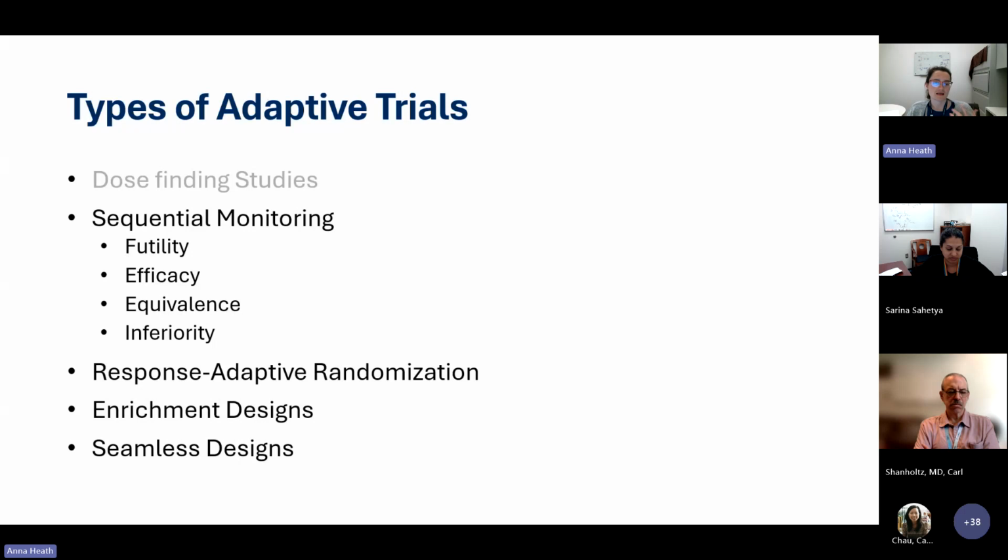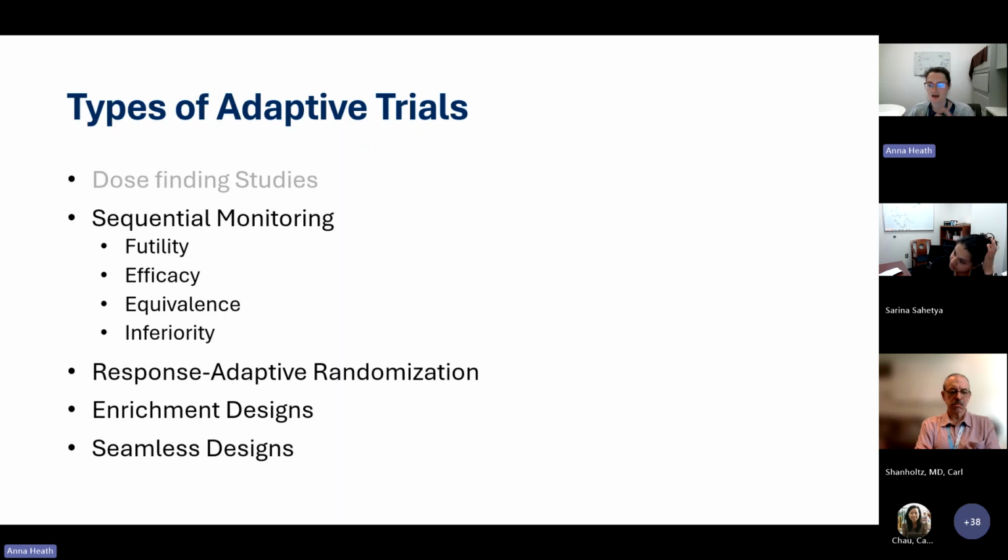So there's lots of nice things. And I think in terms of platform trials, we can use all of these four adaptations that I've said, those last four. The sequential monitoring is very common. Response adaptive randomization is sometimes used. I think enrichment designs are becoming more common, and certainly as you have these broad patient populations that come into your platform trial, you might look to enrich and only focus specific interventions on specific subpopulations within that trial.